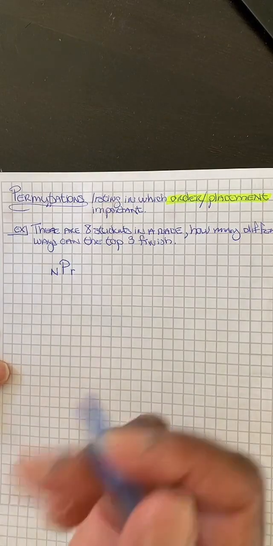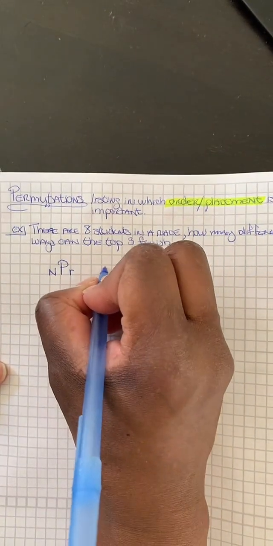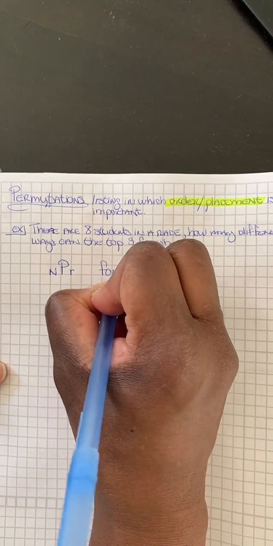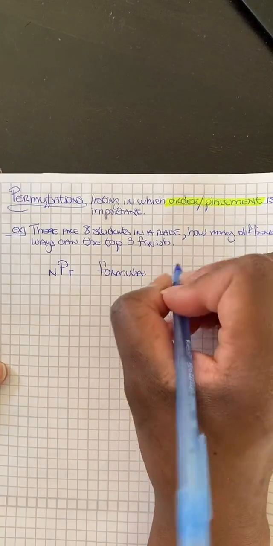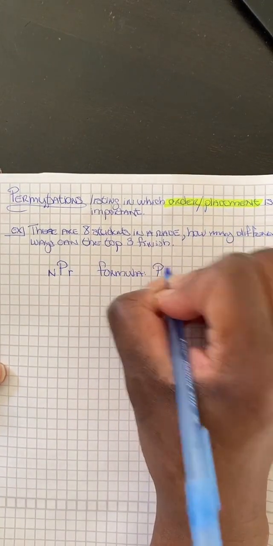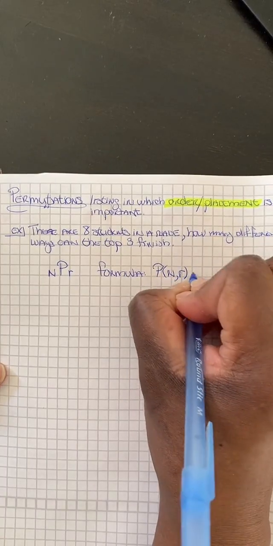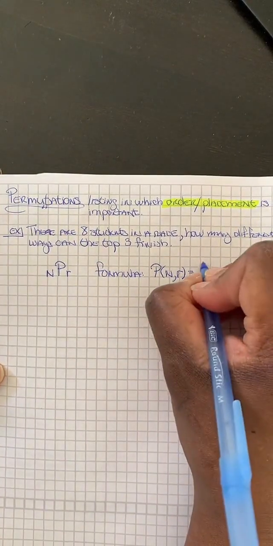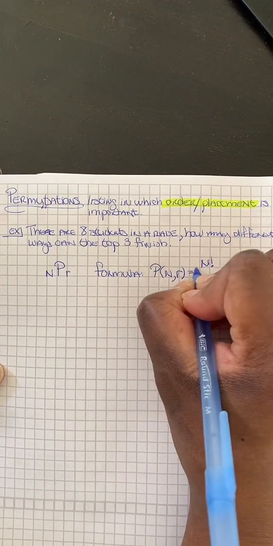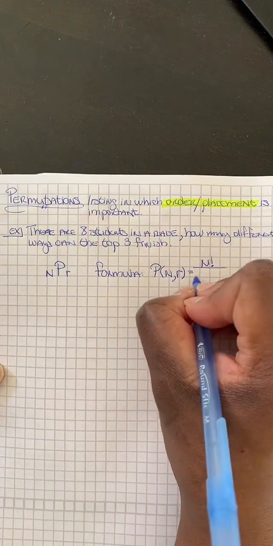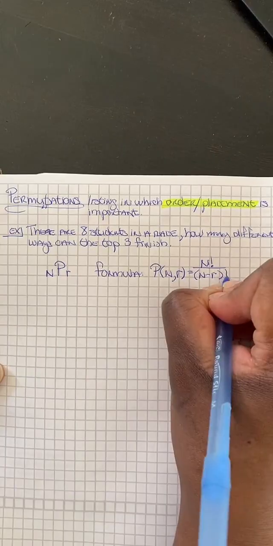If we had to do it by hand, this is going to be your formula. The formula is permutation with your n comma your r, and it's your n factorial over your n minus r factorial.